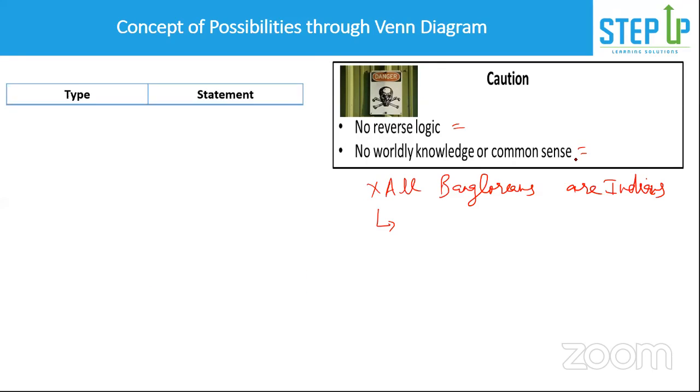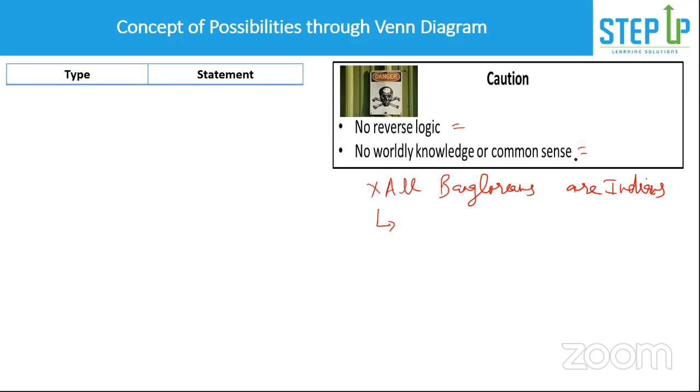Now in Venn diagrams, there are four types of statements, guys. That means in all the Venn diagram questions, you can see four types of statements. What are those statements? For example, if I say all cats are dogs, this is statement one. Statement two could be no cat is a dog.